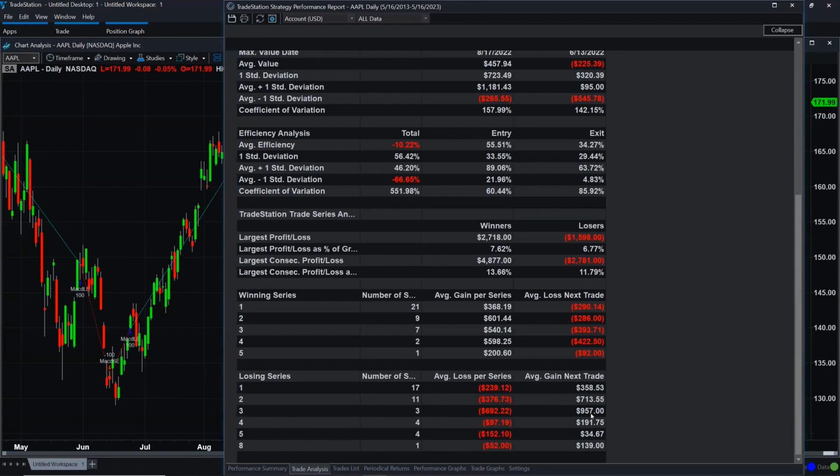Now the average gain on the next trade was 957, which raises your hopes up a little bit. But these are things that you have to keep in mind in order to judge the feasibility of me trading a particular strategy and sticking to it. A lot of these factors play a big impact on the tradability of any strategy.